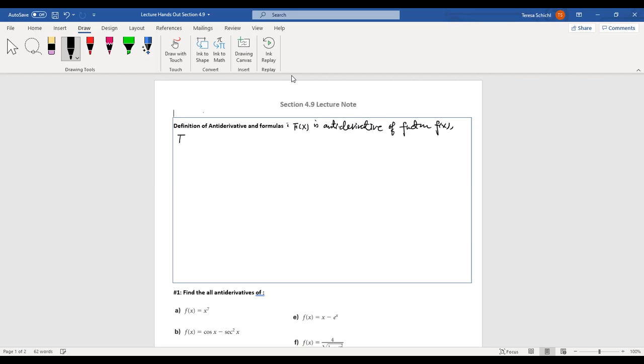That means if you take the derivative of capital F of x, it will give you lowercase f of x. So this is what we mean by the antiderivative.